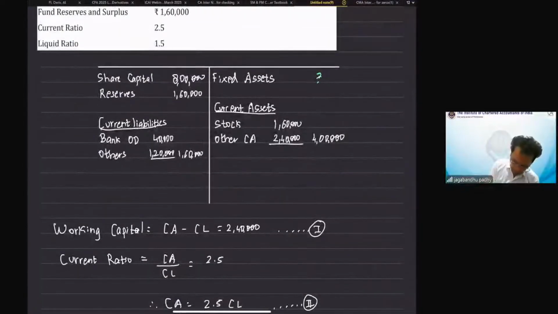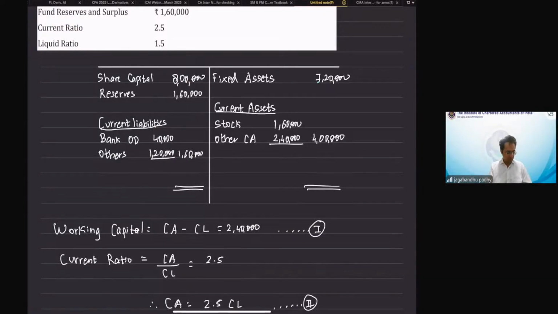So fixed asset is 7,20,000. You can just take a total, and the balance sheet should tally on its own.